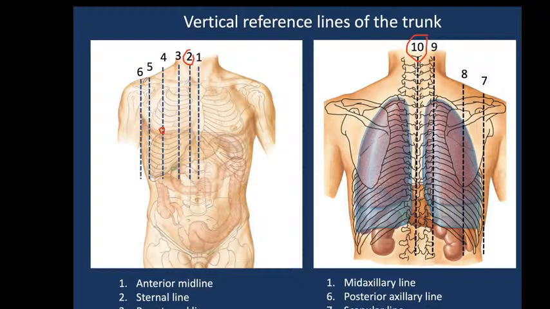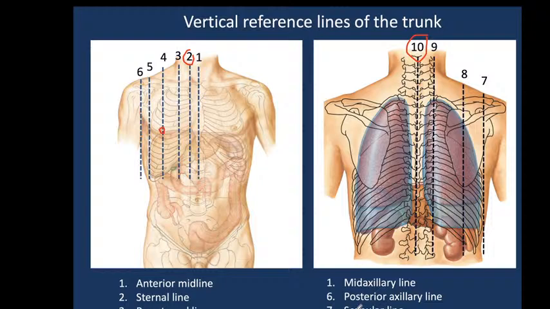On the lateral surface of the body, we have the axillary lines: anterior, here number 5, mid axillary line, and posterior axillary line, 6 and 7.